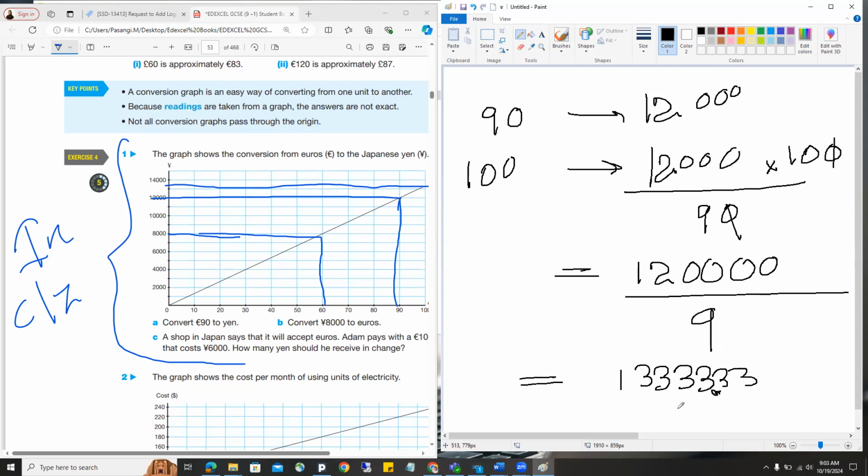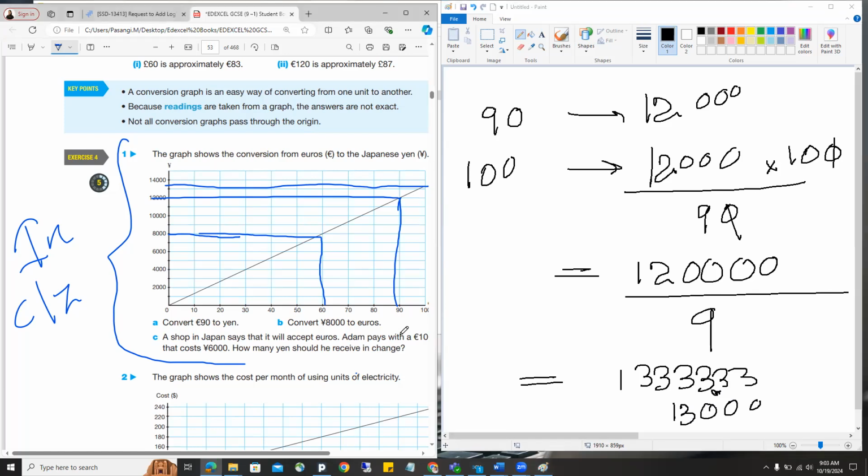So approximately we get 13,000 here. Is it clear how I got it? Yes, miss.